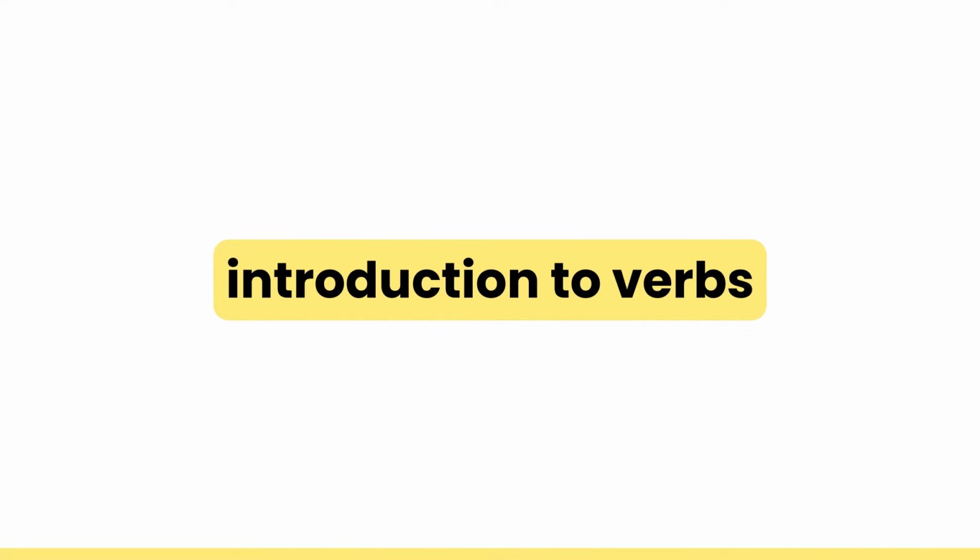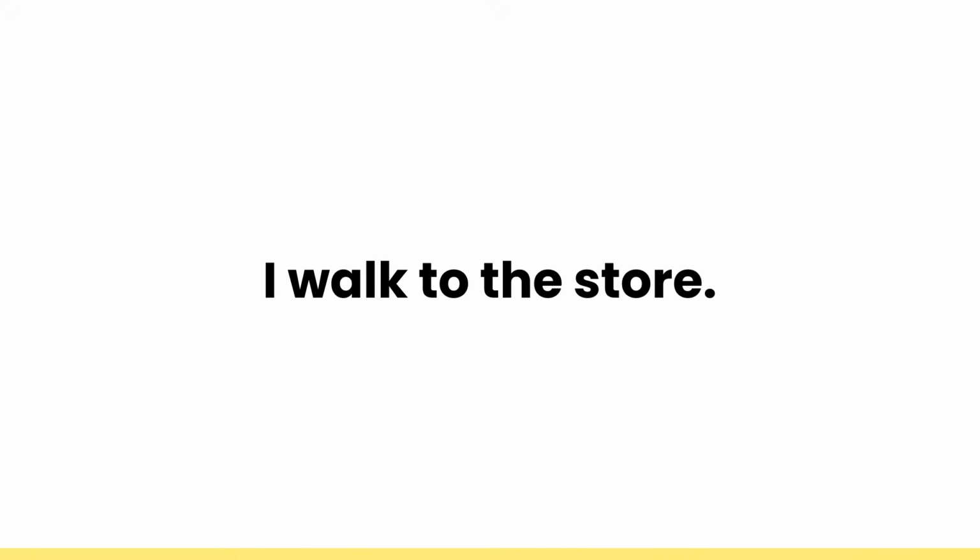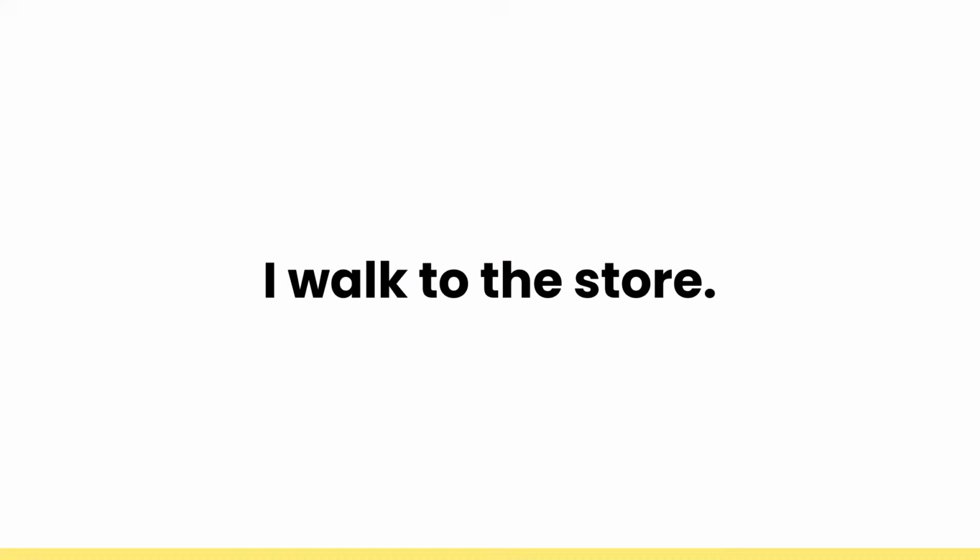Now, first and foremost, an obvious question that you could ask yourself would be, what is a verb? And so by looking at this example, I'll try to explain to you what a verb is exactly. So in this sentence, I walk to the store, we have different words bundled together which form the sentence. So as we talked about in the previous lesson, the word I, for example, is a subject pronoun.